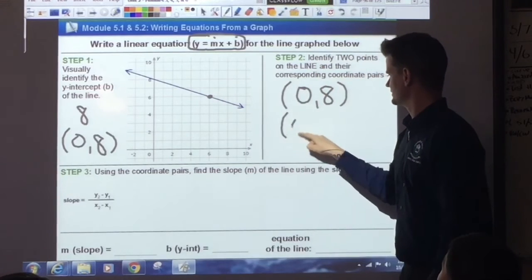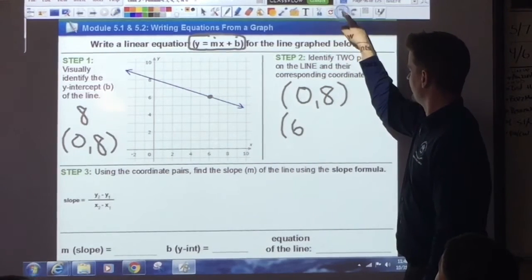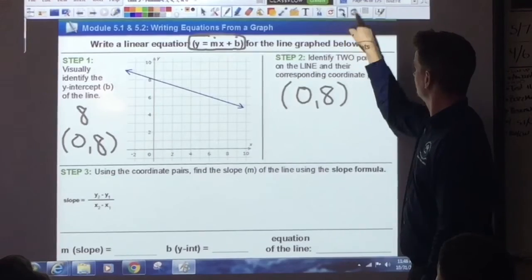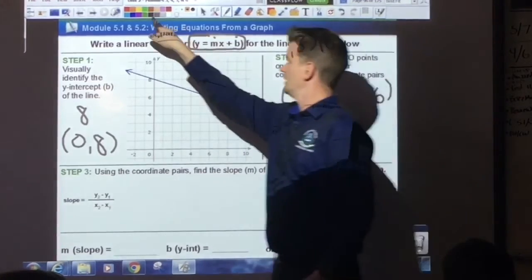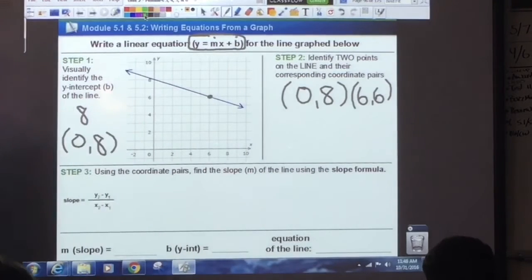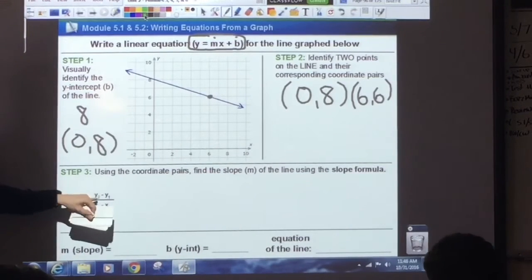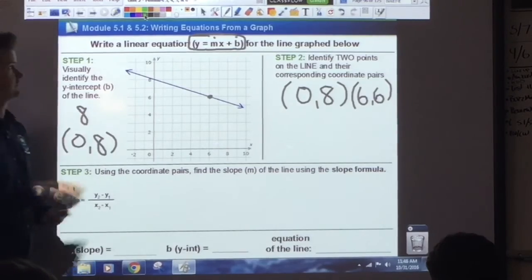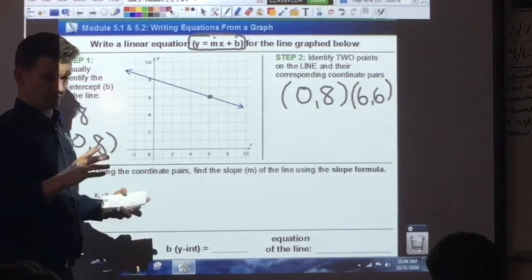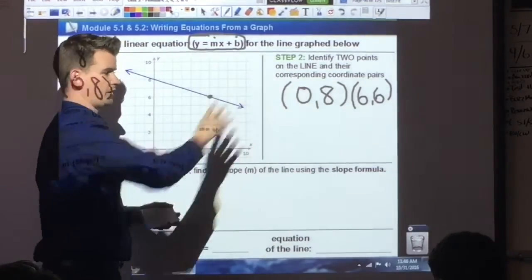So let's write it over here: (6, 6). All right, and we're trying to find the slope. By now, we should all know how to use this one: y2 minus y1 over x2 minus x1. Looking at this, I have 2 coordinate pairs. Which one of these 4 numbers is my y2?